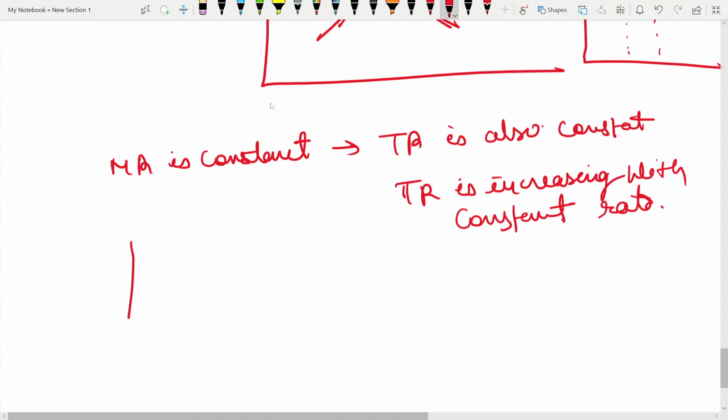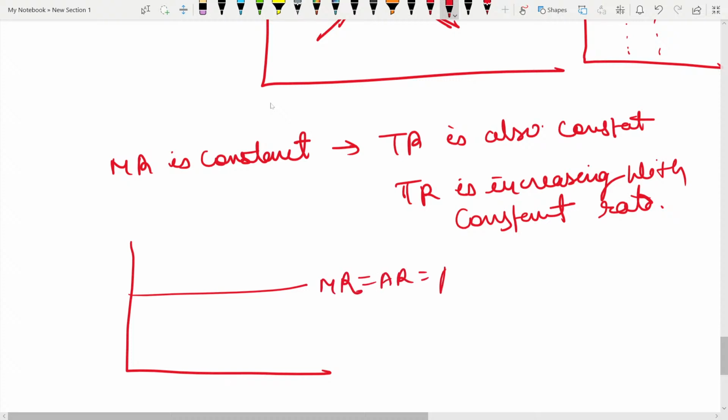So let's suppose this is MR, as we all say AR, as we all say P. At a point here, a firm decided to sell a quantity Q. So this area will be total revenue. This is price, because as we all know, TR is nothing but P into Q.